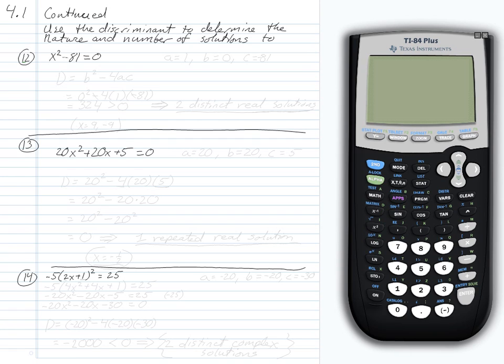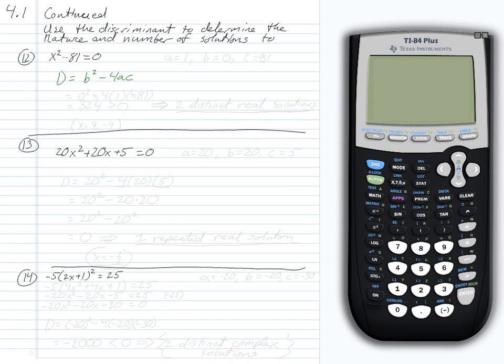So here we see a quadratic equation x squared minus 81. We're going to use the discriminant D equals b squared minus 4ac, and then ask is that positive, negative, or 0, and what to conclude from there. So just like with the quadratic formula, I need to know what a, b, and c are.